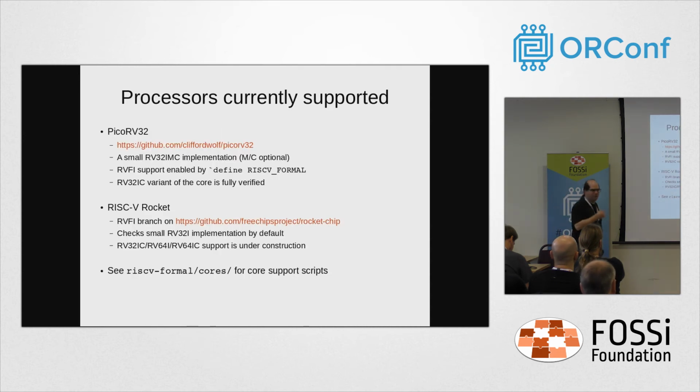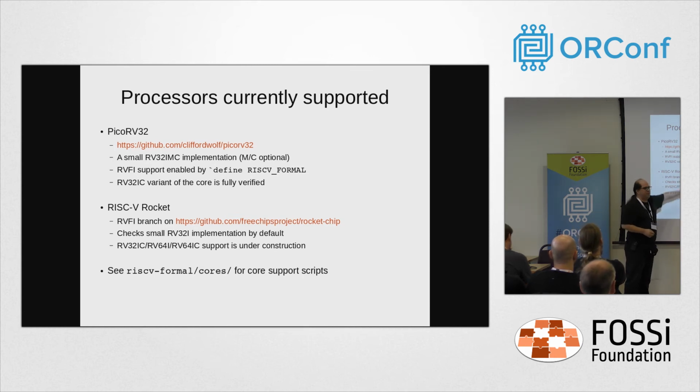So the processors currently supported are my processor, PicoRV32. For this processor, the RV32IC ISA version is fully verified with this. The other thing that we have support for at the moment is RISC-V Rocket. So this is under construction. The RV32I version is more or less implemented right now, so we can check that.